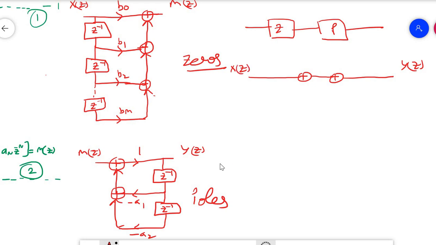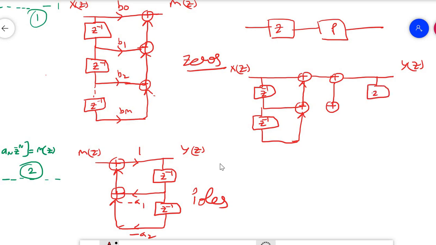Now this is z minus 1, one more z minus 1, like that.